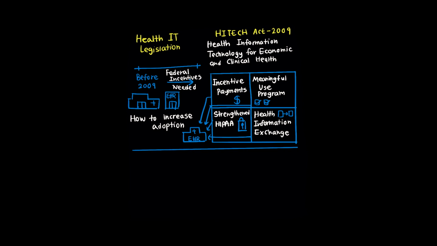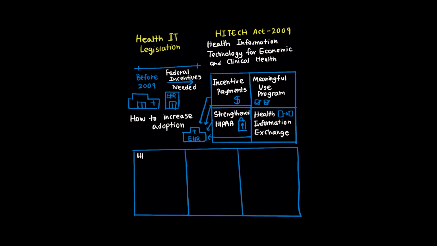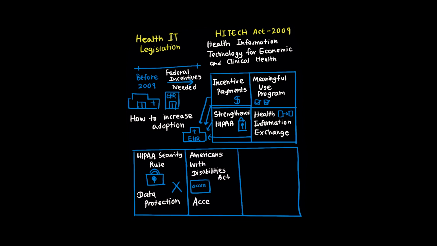This legislation fundamentally changed the landscape, accelerating EHR adoption across the country. HIPAA security rule focuses on data protection, not adoption incentives. ADA addresses accessibility. Affordable Care Act addressed insurance coverage, but High-Tech specifically established meaningful use standards and incentives for health IT adoption.